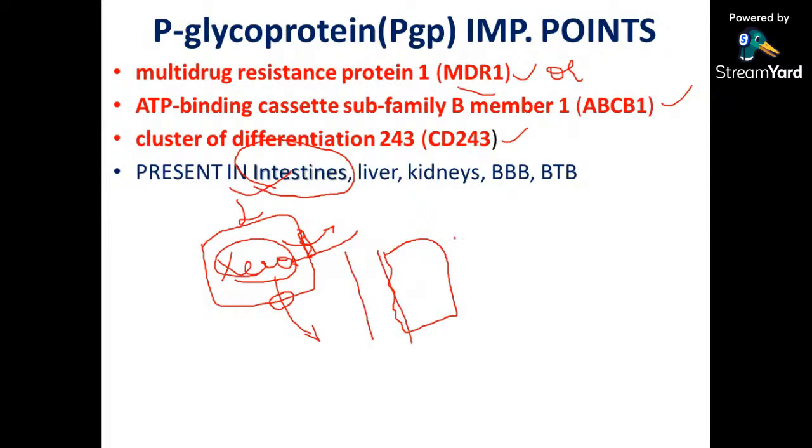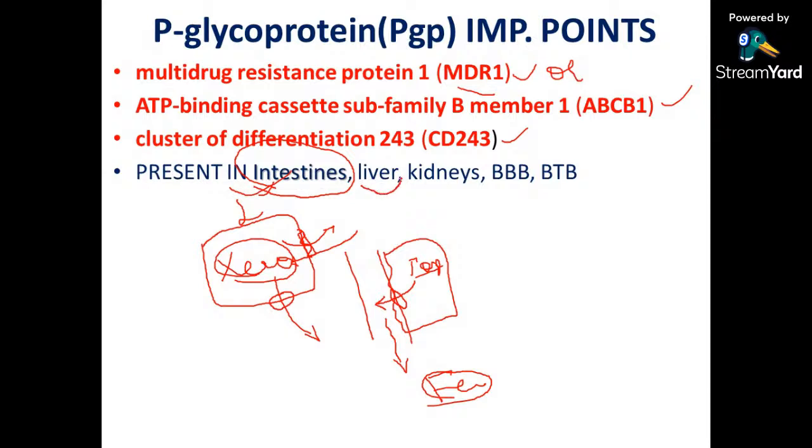In the intestine, especially in the ileum and colon, if this cell has any toxin, that toxin is effluxed into the lumen of the intestine through PGP. So PGPs are transporters mainly present in the intestines, which allow the excretion of toxins from the cells into the lumen, and from the lumen they are excreted through feces out of the body. So the first location of PGP proteins is the intestines.